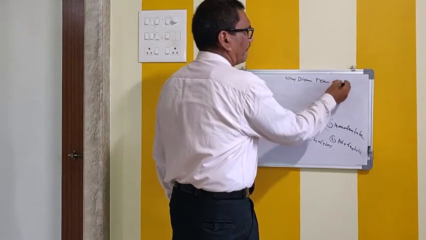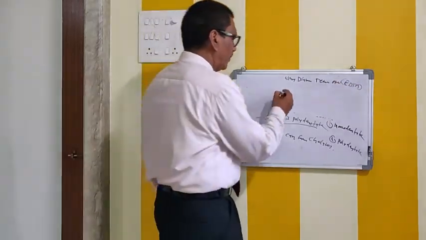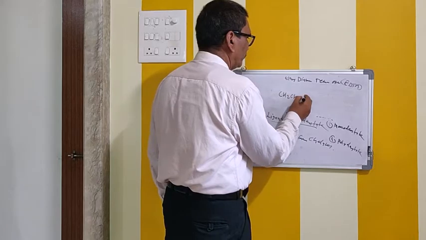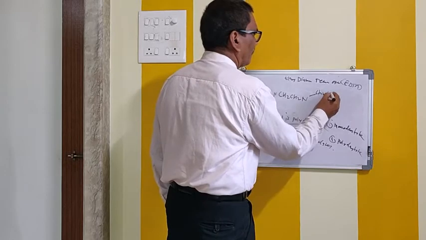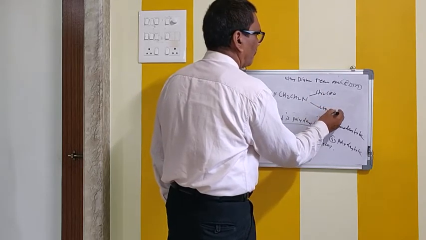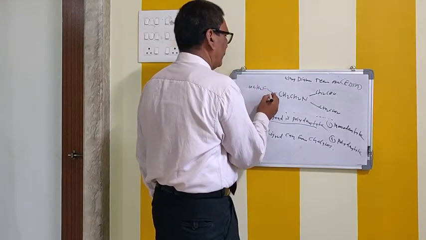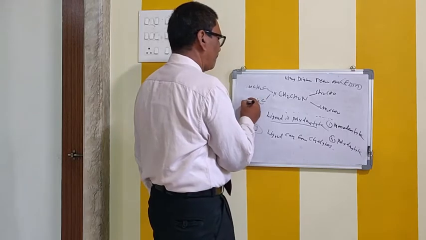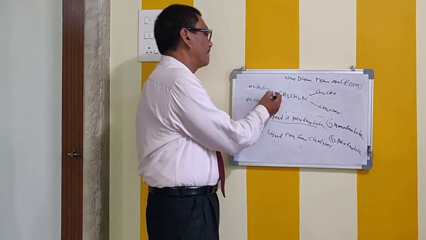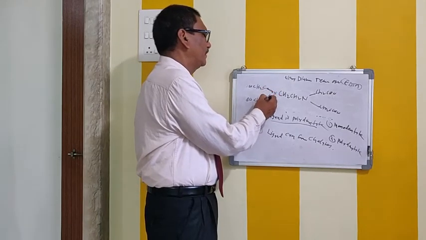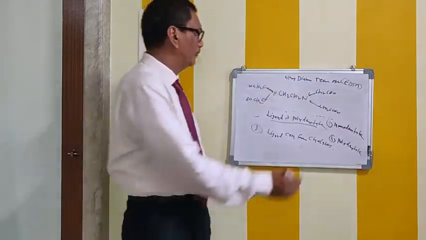How many points of attachment does it have? It has CH2, CH2, and here CH2COO, CH2COO, CH2COO, and CH2COO. Here there are 2 nitrogen atoms, which have electron pairs, and 4 oxygen atoms.